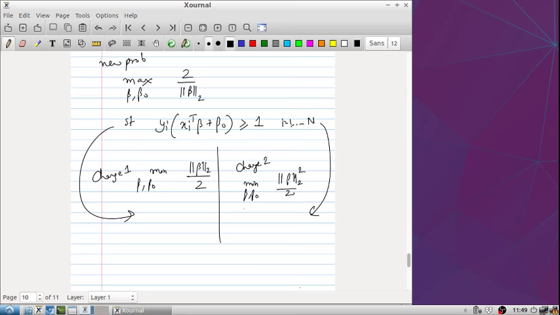So this is the maximization to minimization change. There's already one change I did, m is equal to 1 by beta square. Then I flipped the objective, and then I squared the objective. Going from here to here is very innocuous, because the norm is a convex function.